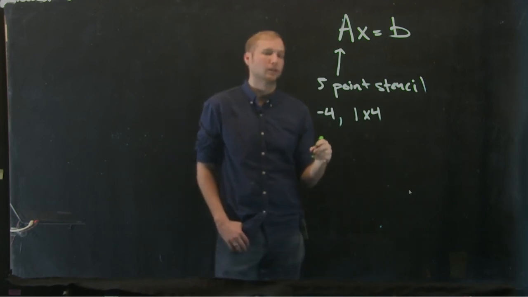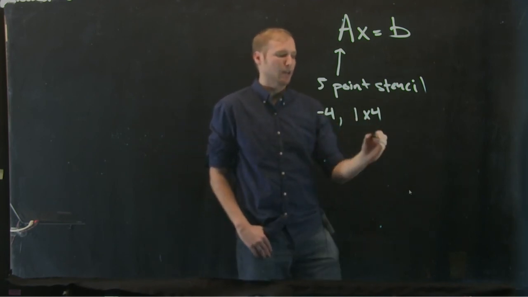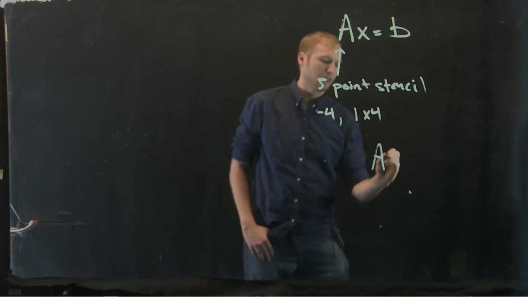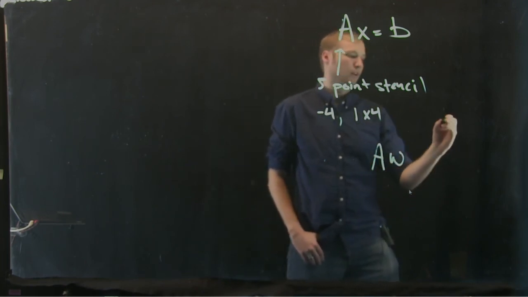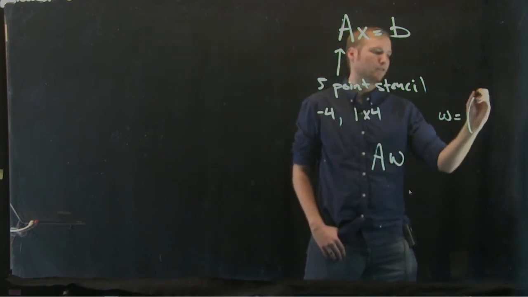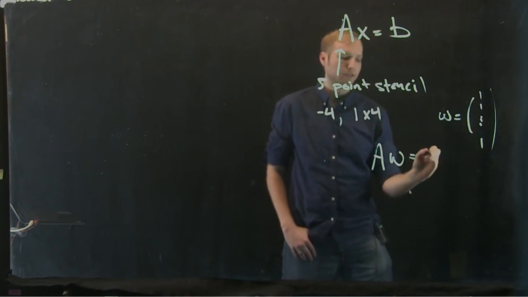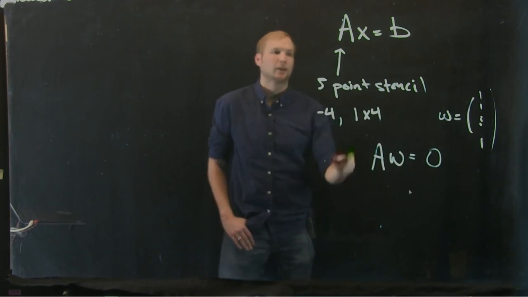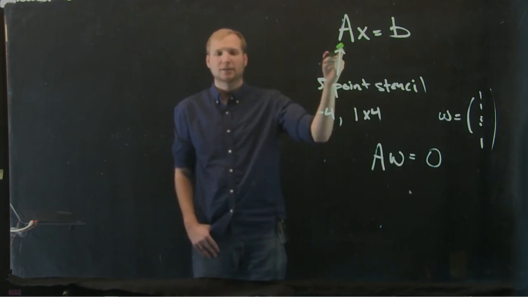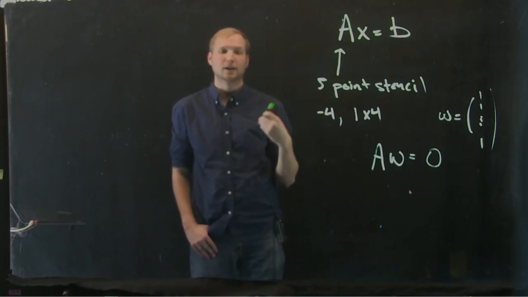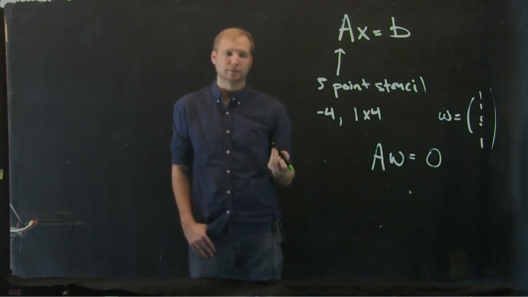So if you apply A to w, where w is the vector of all 1s, Aw equals 0. In particular, this matrix A has a non-trivial null space, so it's not, strictly speaking, invertible.